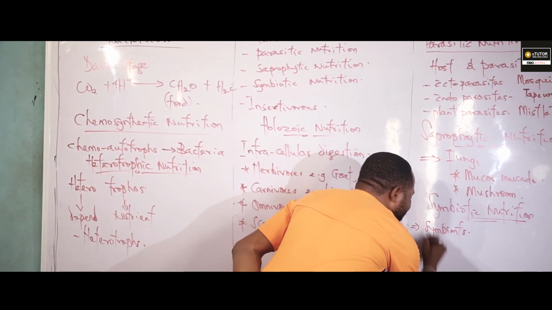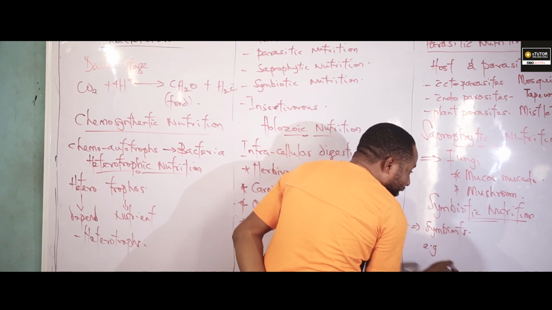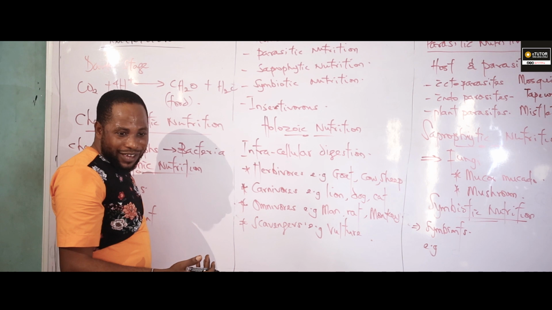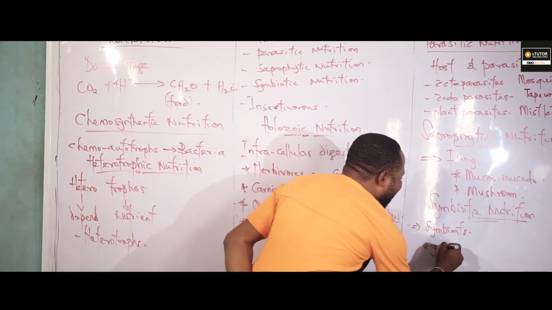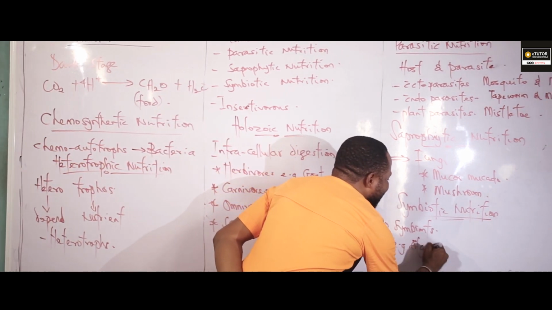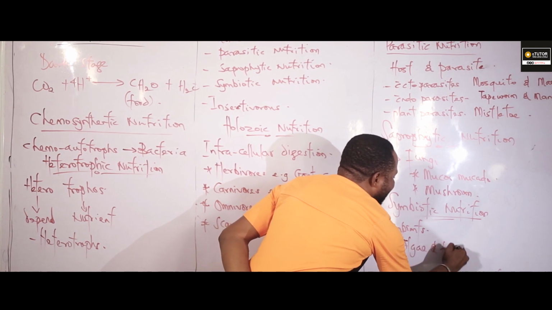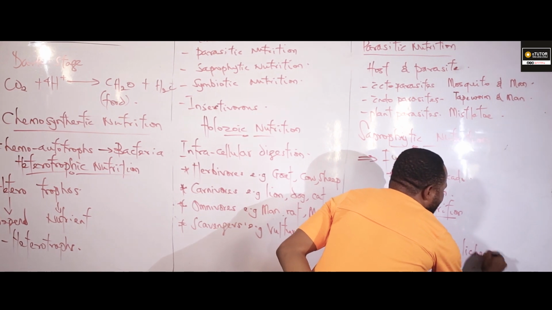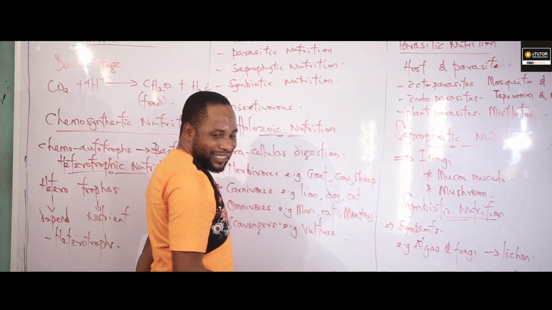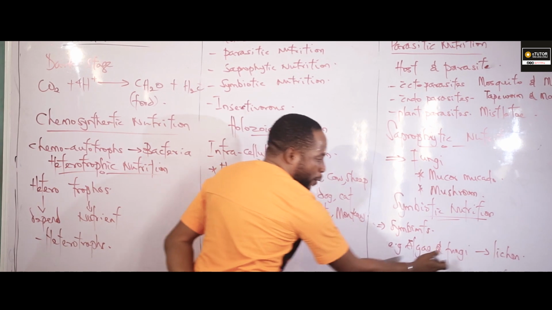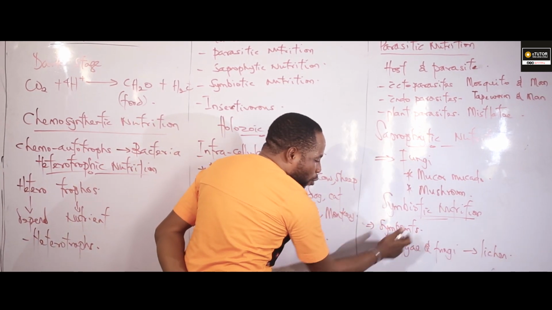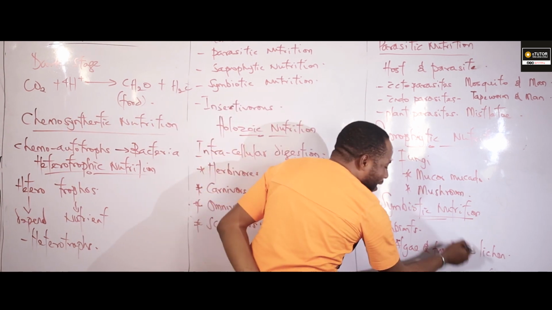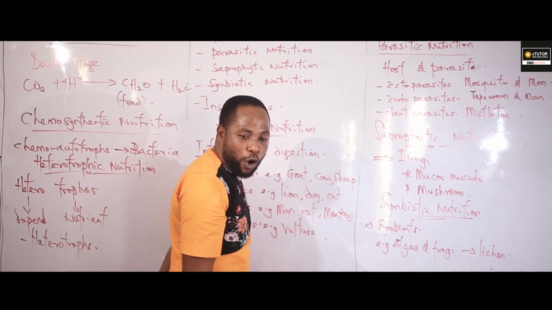So you define it as a type of nutrition in which organisms called symbiotes benefit from each other. An example is algae and fungi, which combine in what we call lichen, also called crustose lichen. Both of them live together in the form of lichen. The algae help to manufacture food through photosynthesis, while the fungi help in generating nitrogenous substance.